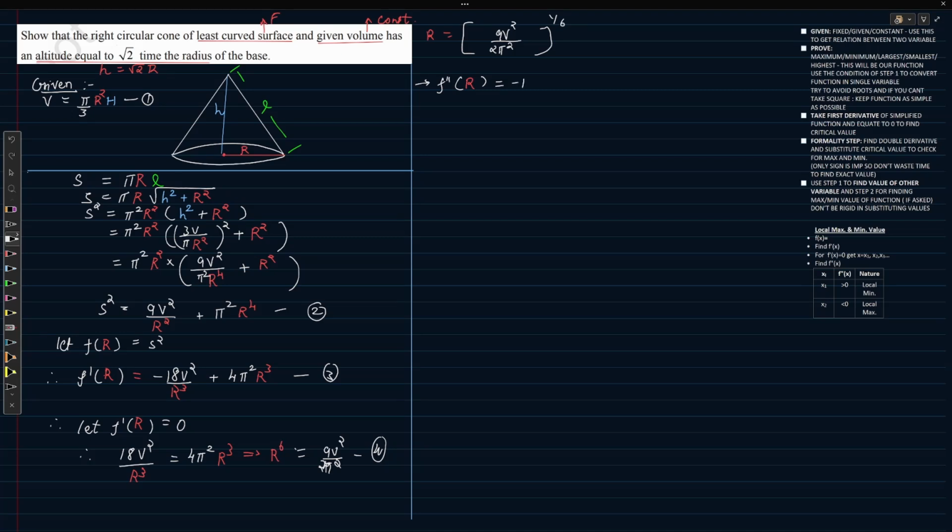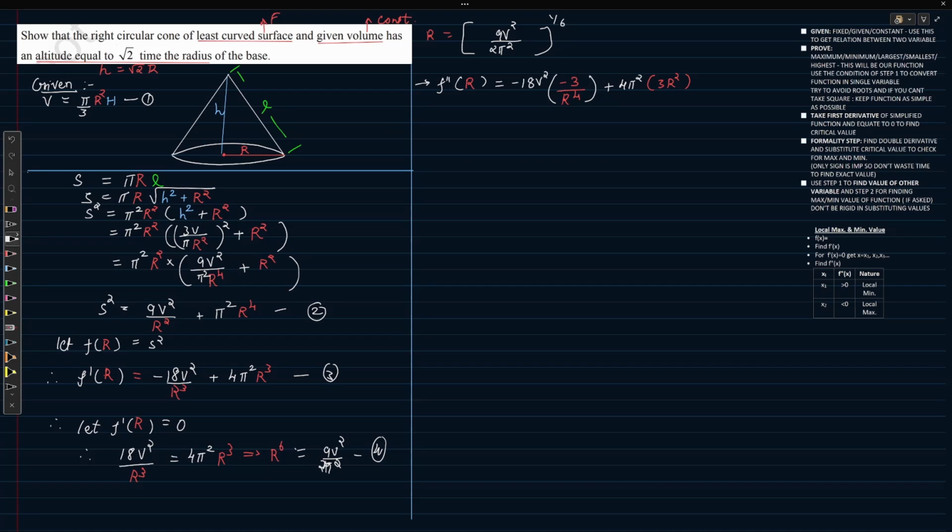Minus 18 v square will be constant. Differentiation of 1 by r cube will be minus 3 upon r raised to 4, plus 4 pi square is constant. Differentiation of r cube is 3r square.